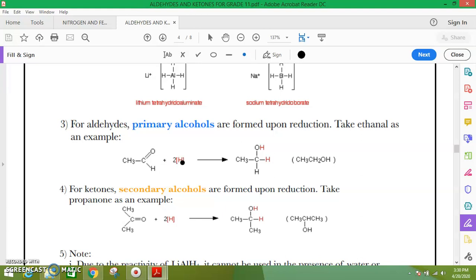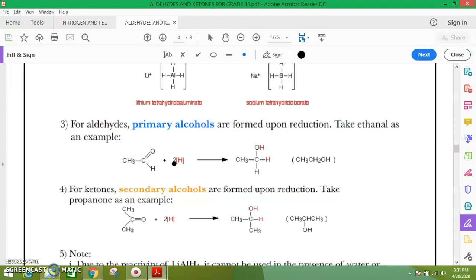These 2 hydrogen mean addition of hydrogen. We are going to add hydrogen to this carbonyl carbon, and this comes from lithium aluminum hydride or sodium borohydride.